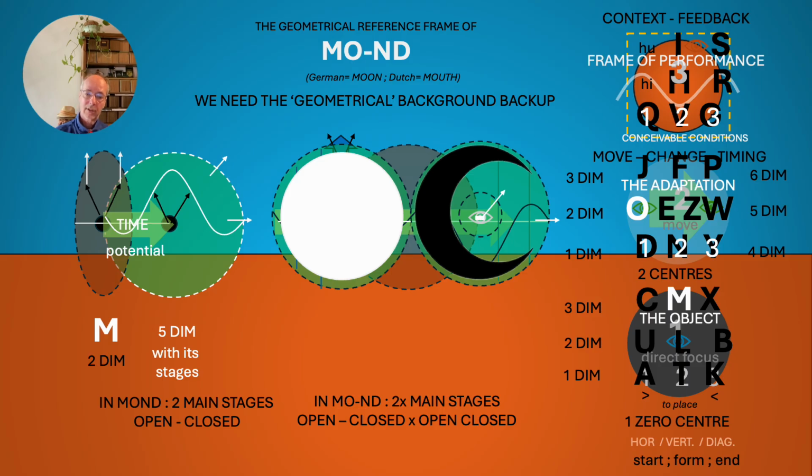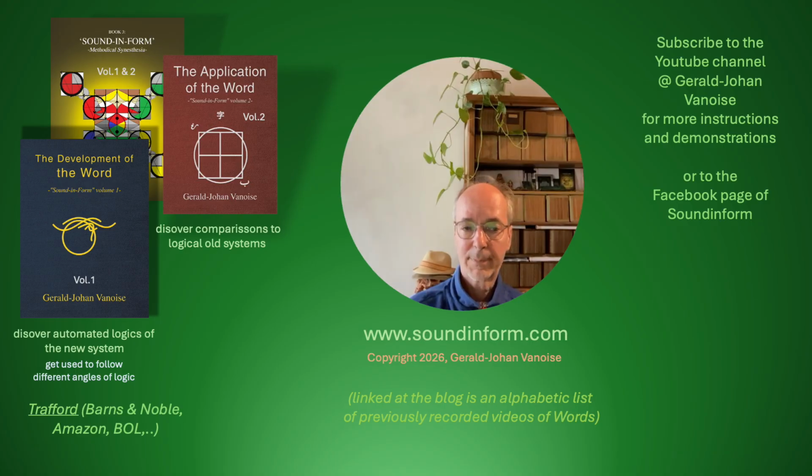So MOND is actually described just in letters alone already by this form, and that's basically what is enough to understand the difference between MOND and MOND. And I already gave you an introduction about how these dimensions could help you also to have a good visualization of the processes that are described with the letters correctly according to what the words should mean and should be able to express.